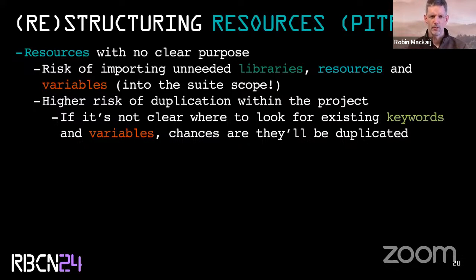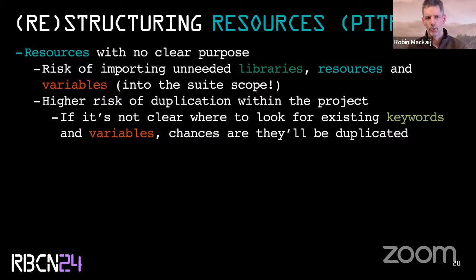You also have a high risk of duplication in your project. If it's not clear where to look for things like variables, like keywords, it's quite easy to just create your own new keyword, create a new variable for your problem.